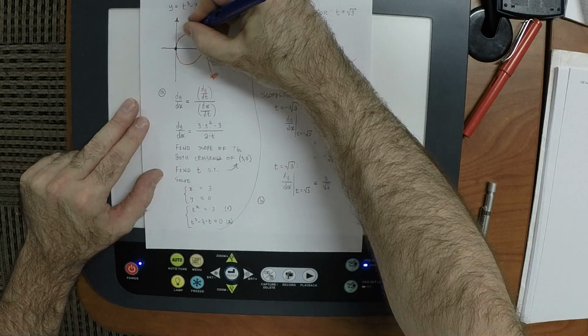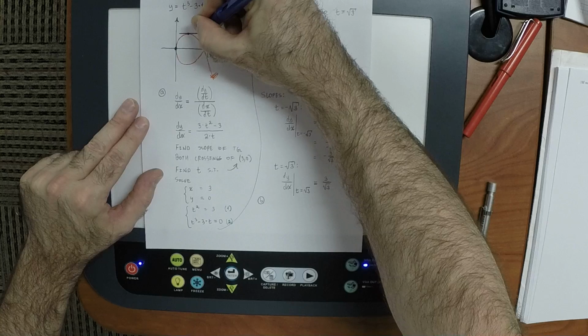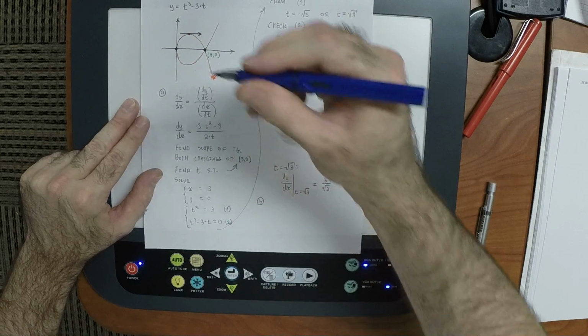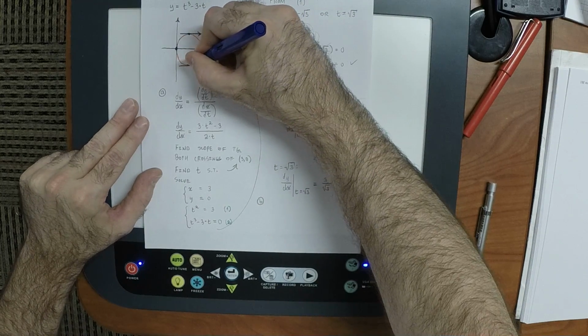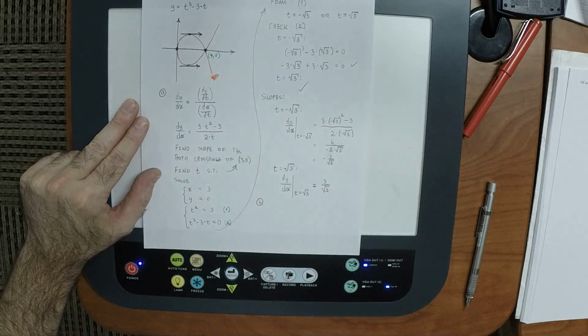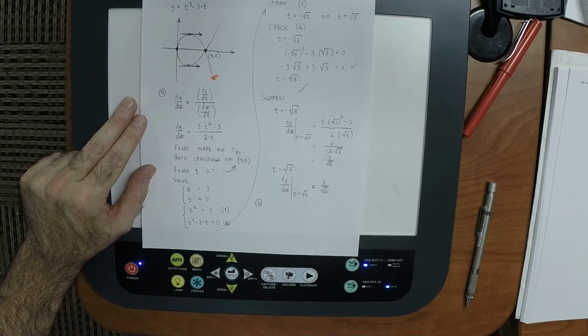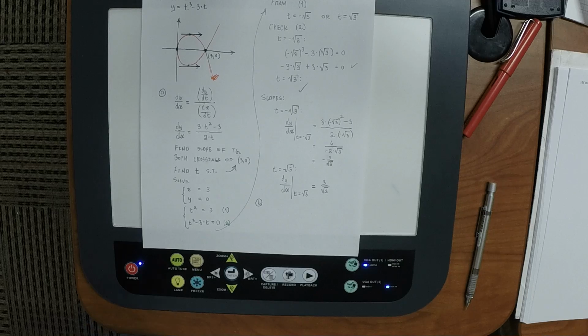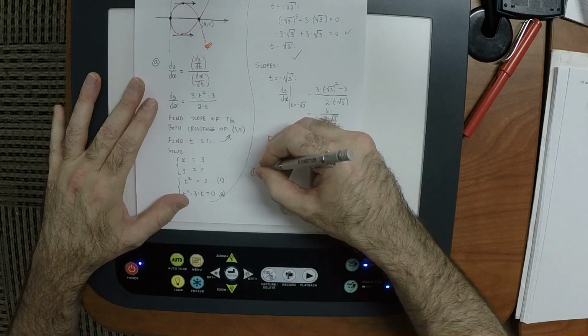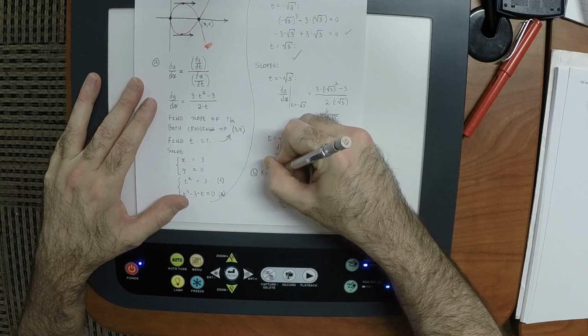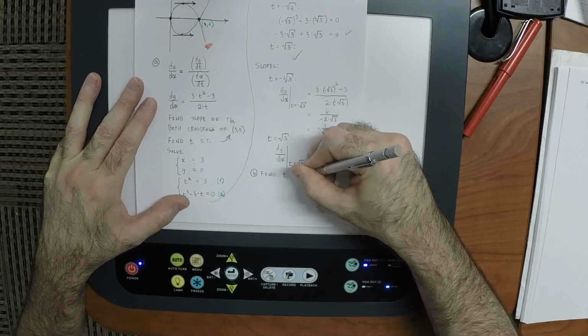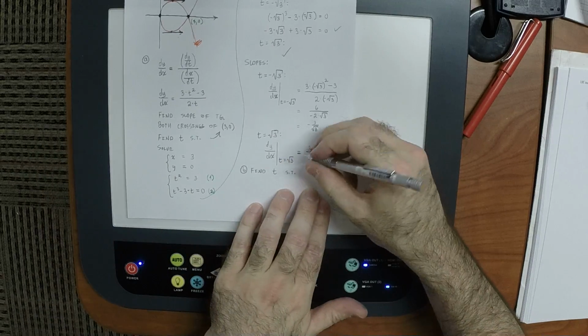There's going to be a horizontal tangent here, and there's going to be a horizontal tangent here. Okay, so there's two horizontal tangents. So my question is now, find the t such that there's a horizontal tangent.